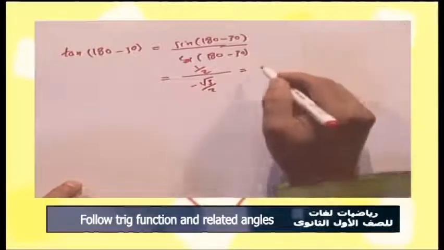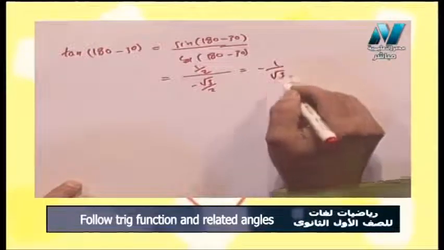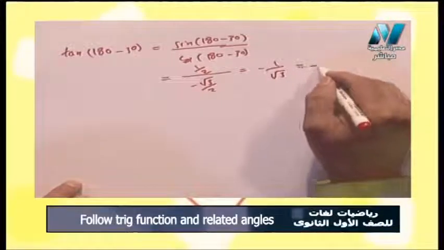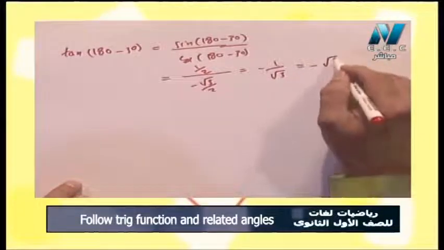So the final answer will be negative 1 over root 3, or the calculator will simplify it to root 3 over 3.